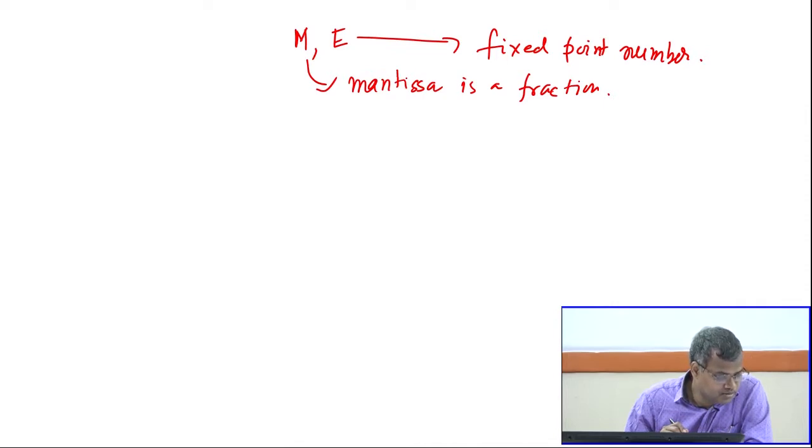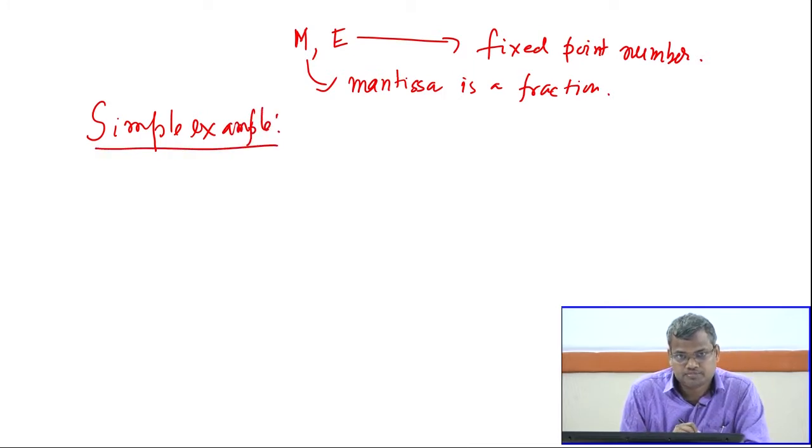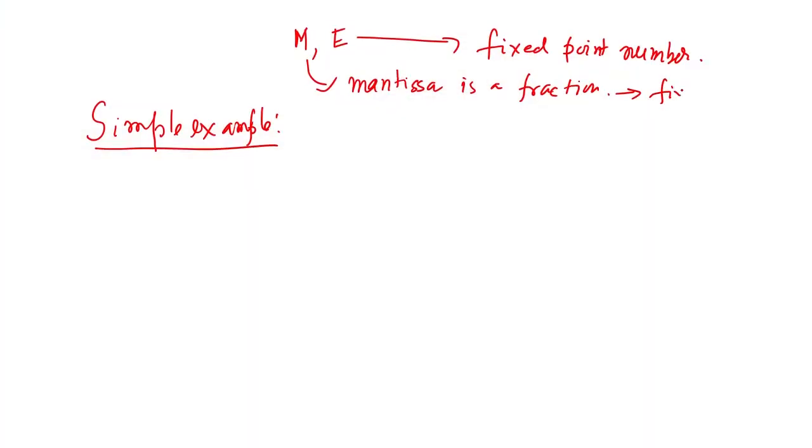Now we will see one simple example. Even though the mantissa is a fraction, when we represent it, it is represented as a fixed point number. Let us say if I write 1 1, this may be the part of the mantissa. We will see that in detail here.